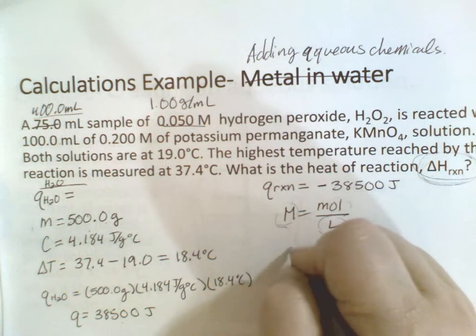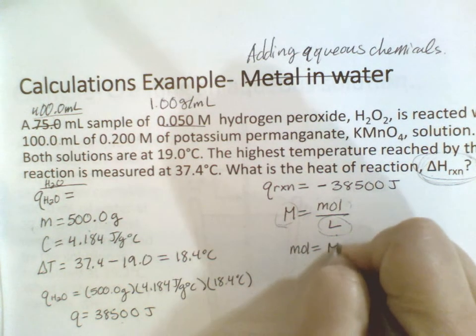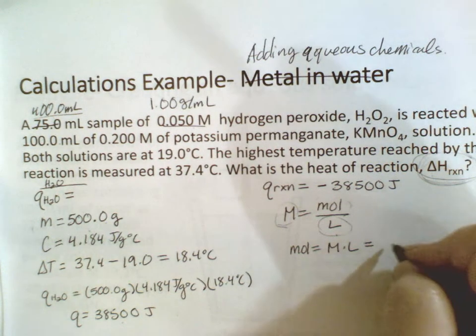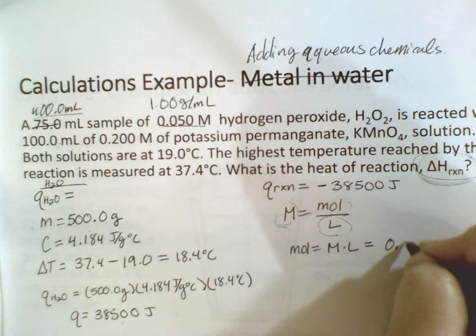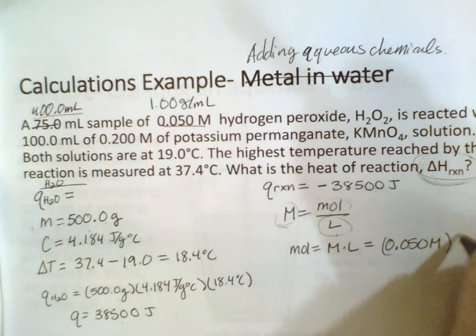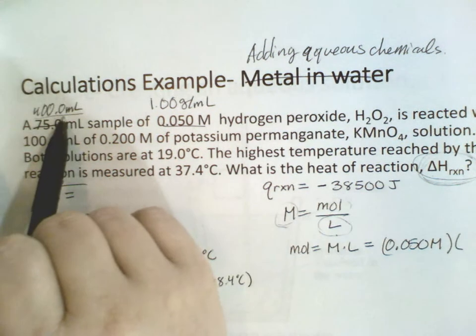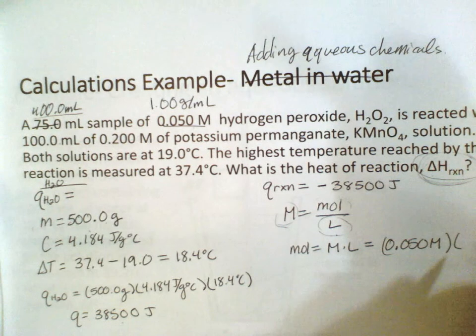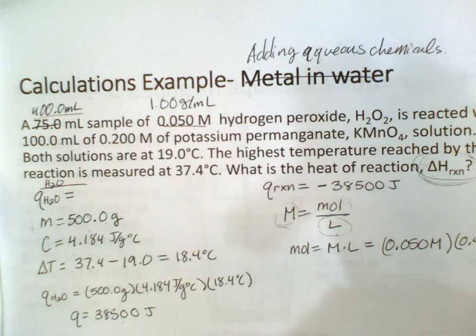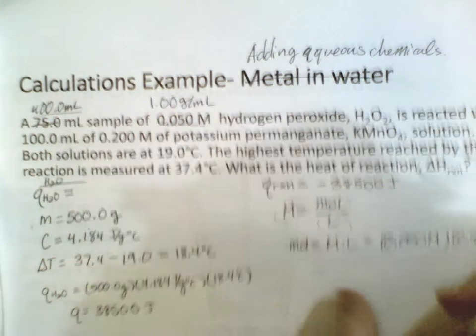So to rearrange this, our moles equal our molarity times our volume. Our molarity of our permanganate is 0.050 molar times the liters, so 400 milliliters, divide that by 1,000, you get 0.4000 liters. Keep all those sig figs. Oops, I'm sorry, we can't see that.